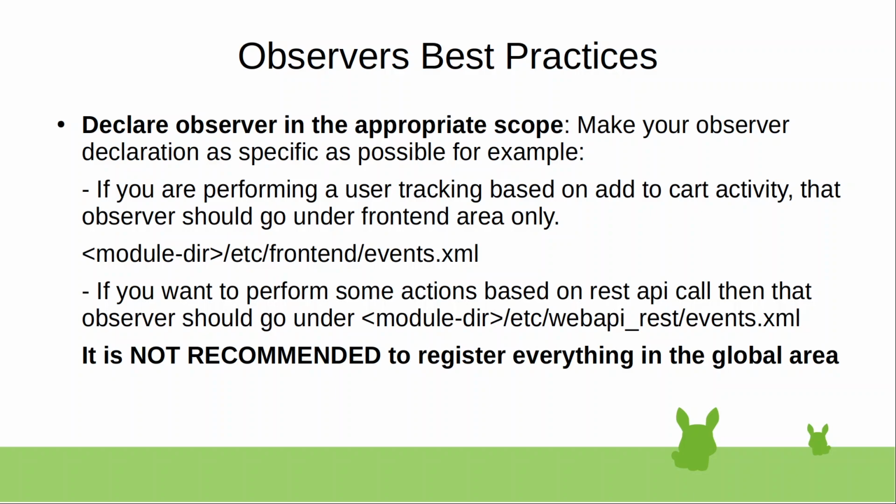Now, if you declare that event in a global events XML file, then the add to cart event will be recorded whenever you're adding a product via APIs or via the admin HTML also, rather than only on the front end. So that is one thing. Second thing is it's very efficient to decide which scopes you are going to use and only do that, because it will save a lot of processing power when the observer would otherwise be executing unnecessarily.